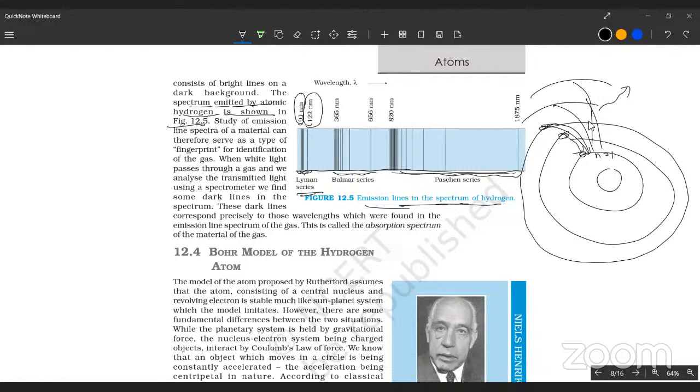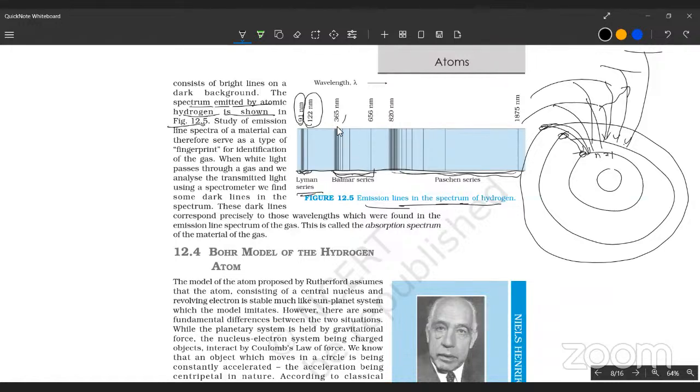Similarly, when the electron jumps from third to 2, or fourth to 2, fifth to 2, sixth to 2, when all the jumps are to 2, meaning Ei can be greater than 2 but Ef is the second orbit, then we name it the Balmer series.